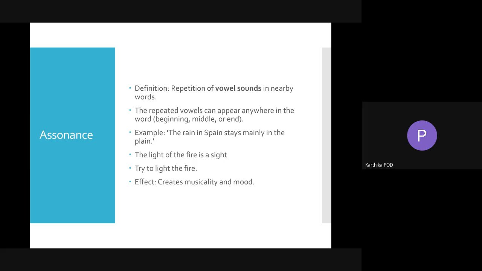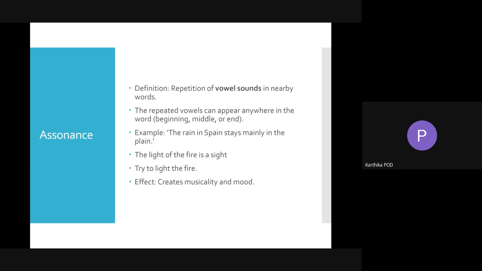The main sound that is common to all of these is I. Try, I. Light, L, and next is I. The third word is fire, so that has I again.